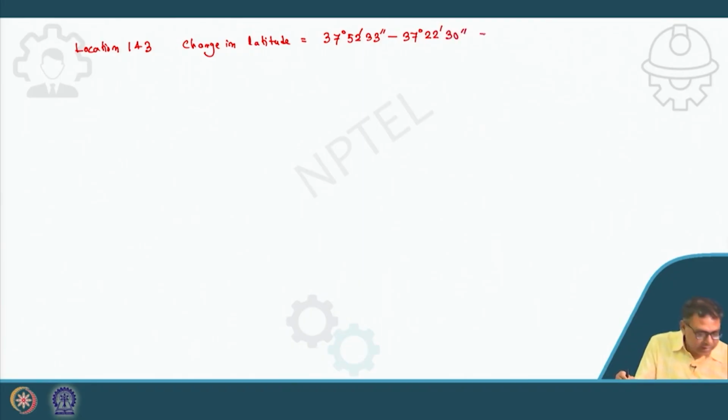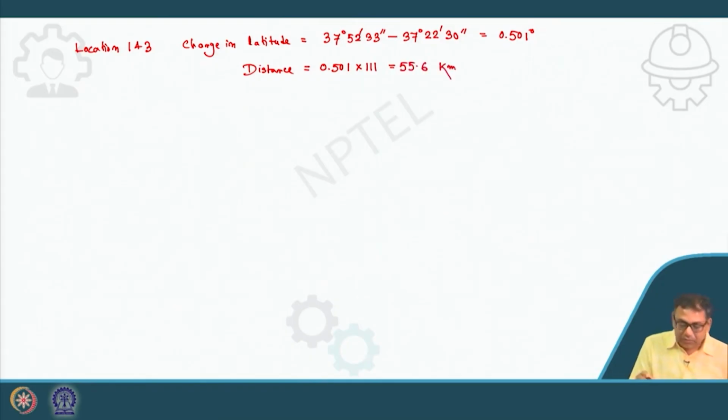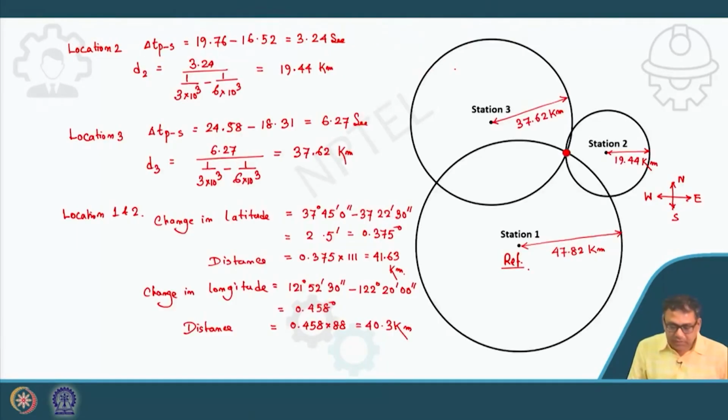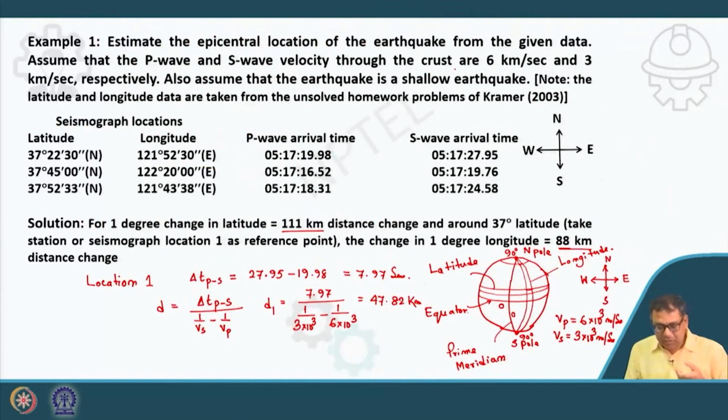So this will be around 0.501 degree. So your distance covered will be equal to 0.501 into 111, that is equal to 55.6 kilometer. So it will be towards the north or your south, towards the north or south.